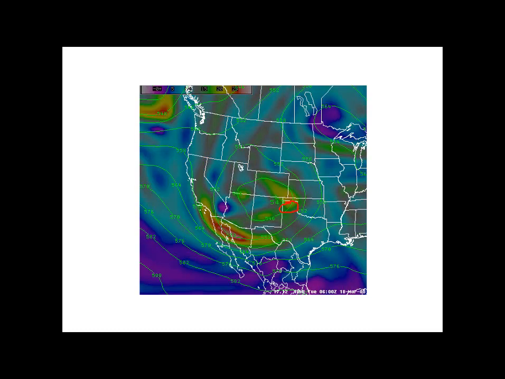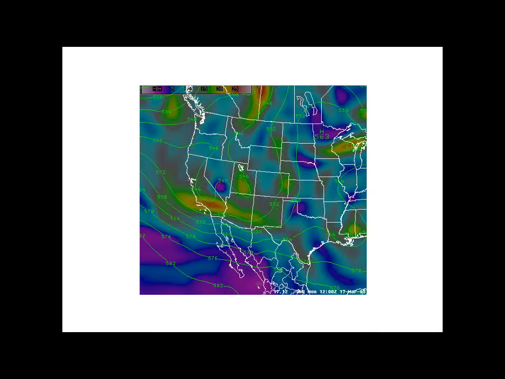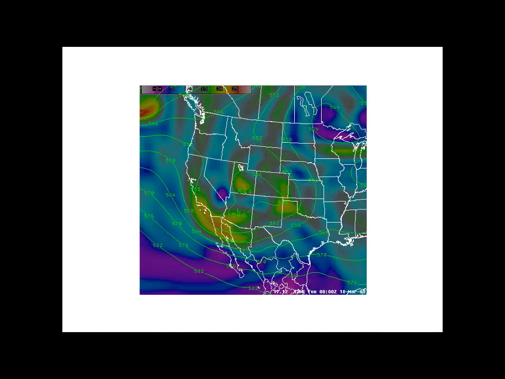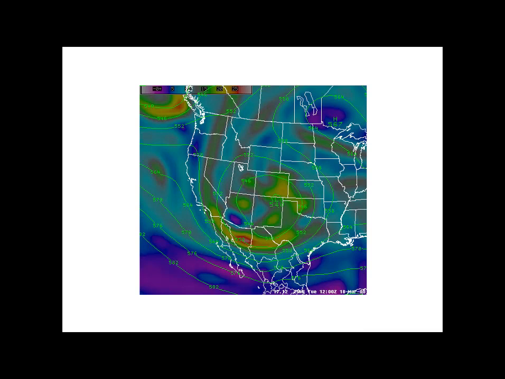And as we move forward another 12 hours, that is forecast to move into the eastern portions of Colorado. Very important for what we're going to be seeing here later on. We also want to notice that during this time frame, the first 24 hours, the low is forecast to consolidate, deepen, and move into eastern and southeastern Colorado.